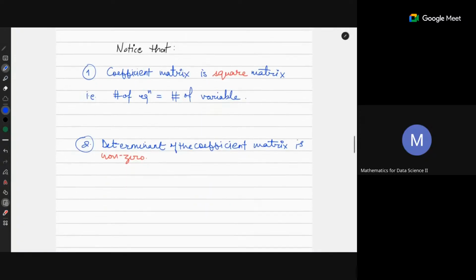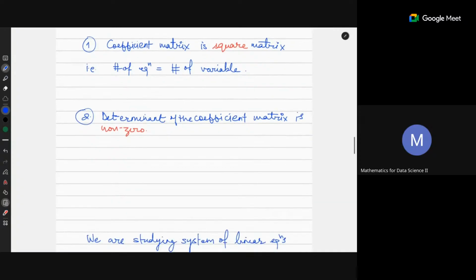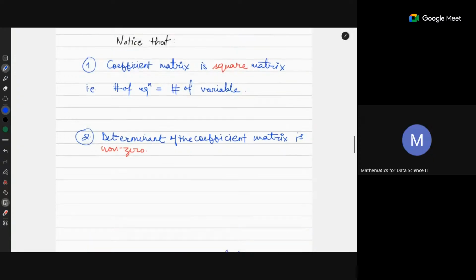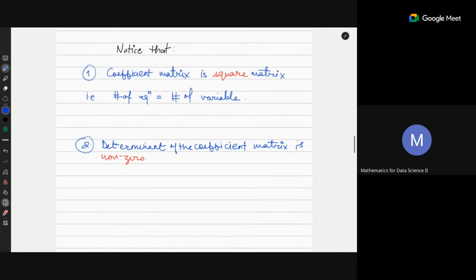The second thing we notice is that in order to apply Cramer's rule, we work with a non-zero determinant of the coefficient matrix. So we are working with a system of equations where the number of equations equals the number of variables, and the corresponding coefficient matrix has a non-zero determinant.